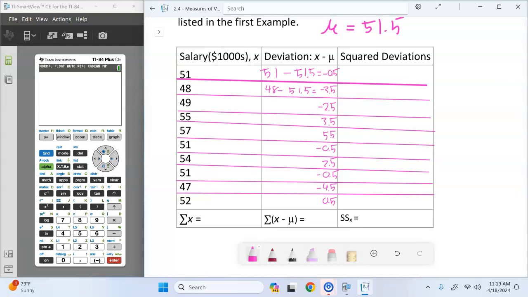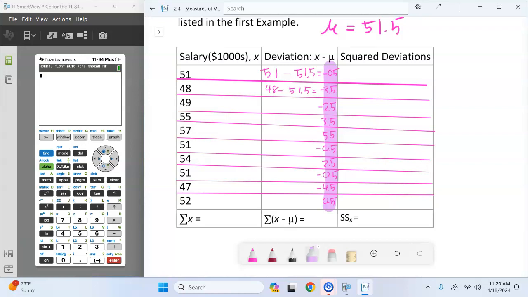Now, what I want you to do is take all of those deviations and add them up. You got 0.